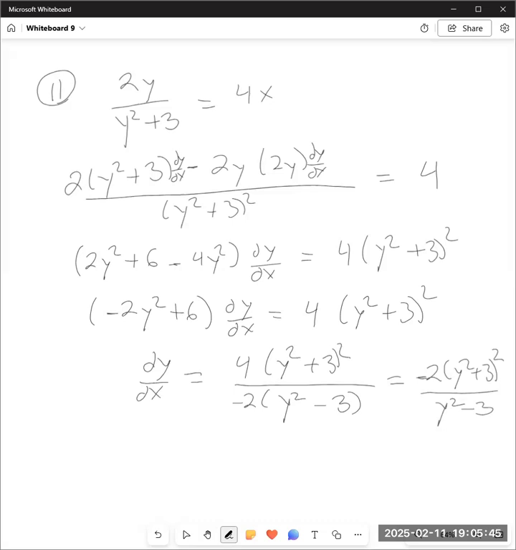Let's see here, derivative of the top times the bottom minus derivative of the bottom times the top all over the bottom squared.